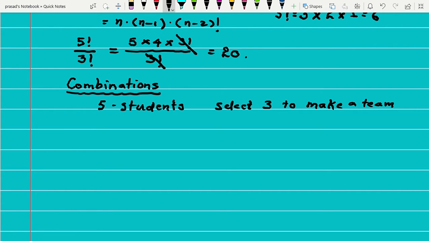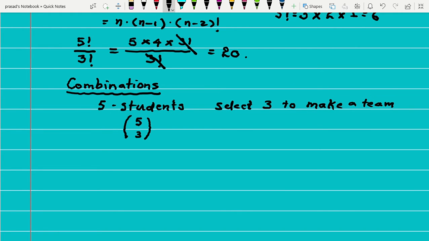So in how many ways I can do these teams? How many teams I can make? And that is given by the combination 5C3. This is this bracket. It's called as the combination.